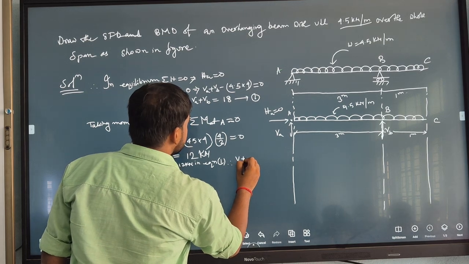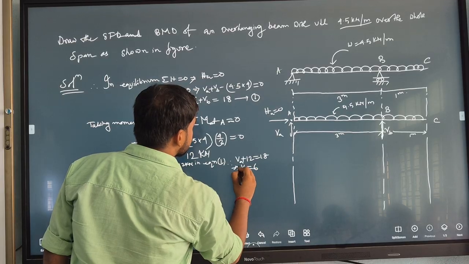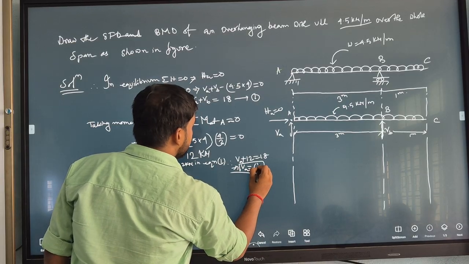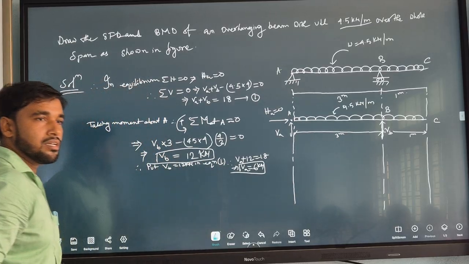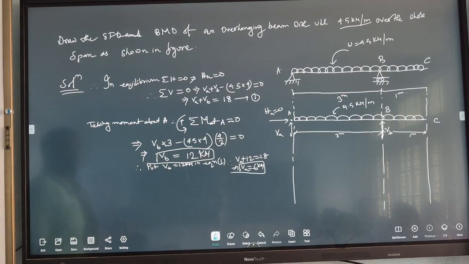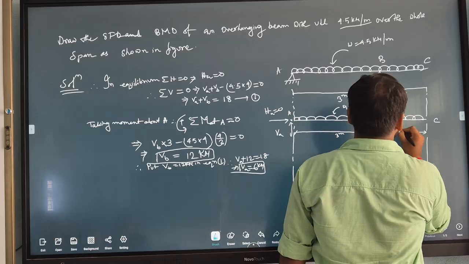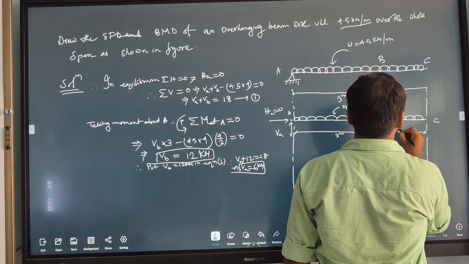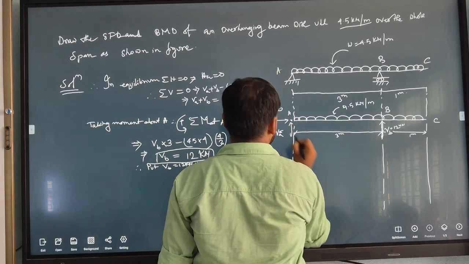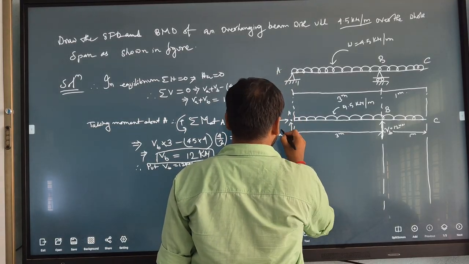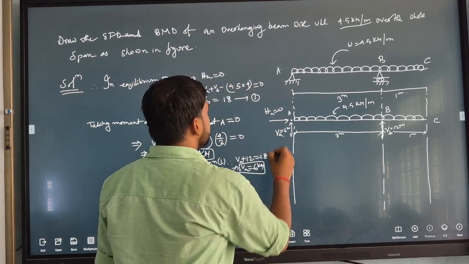Then VA plus 12 is equal to 18, so VA becomes 6 kilonewton. VB becomes 12 and VA becomes 6. Clear up to this? Okay. So we have found VB equal to 12 kN and VA equal to 6 kN.